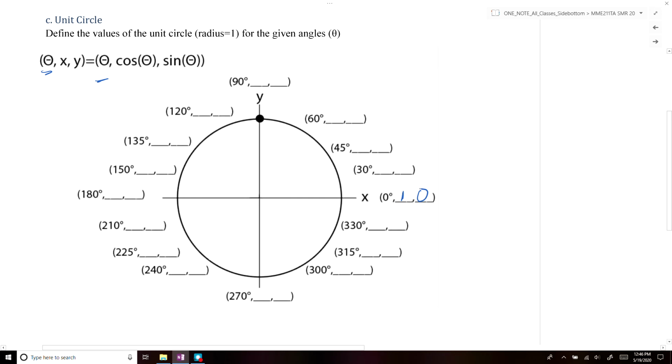Similarly, when theta is equal to 90 degrees, we know that the cosine, or the x-coordinate on a unit circle, is equal to 0, and the sine of 90 degrees is equal to 1 at that point. Okay, so what I want you to do is, again, see if you can fill out this unit circle on your own and test your ability to complete it, and see what you remember.